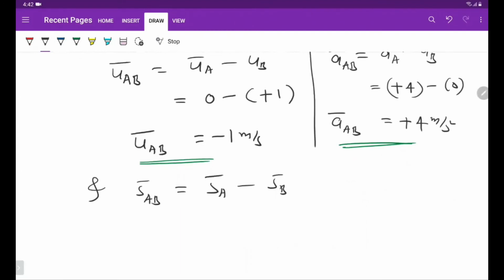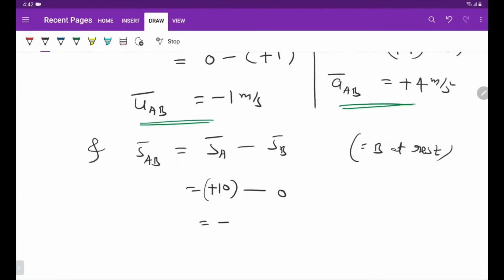So B is at rest. He is not at all moving. So displacement covered by B is 0. But A is moving right side, so he has to cover 10 meters to catch car A. So we get plus 10 meters. So this is the displacement of A with respect to B.